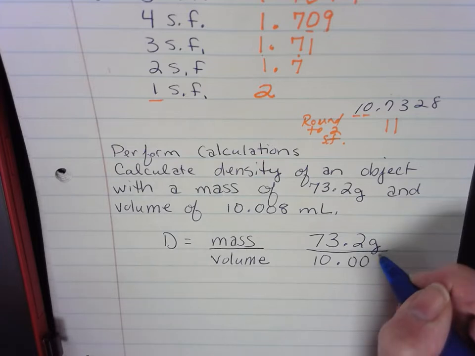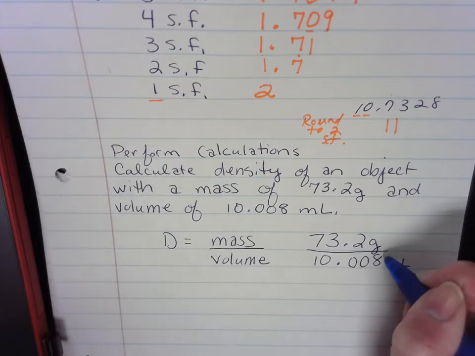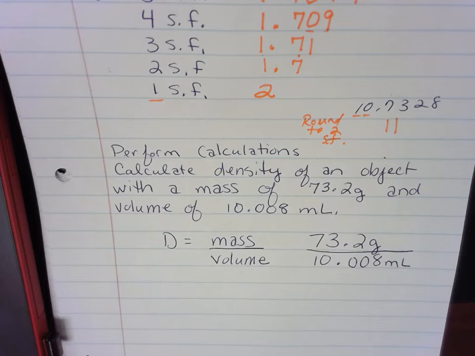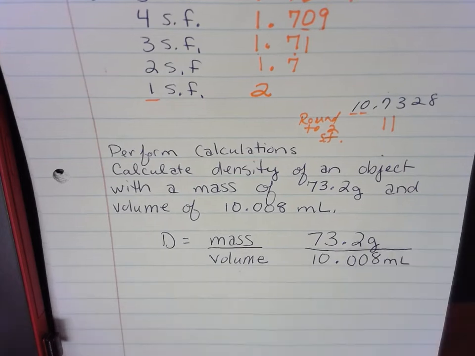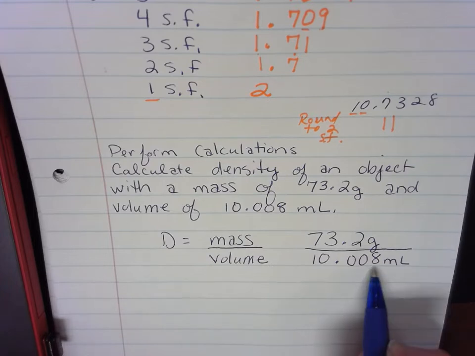Okay, this is a crazy example because you'd be crazy to use a balance that only gave you your number to a 1/10 of a digit, but then calculate this volume with like a pipette or whatever. That'd be kind of a crazy problem, but we'll just go with it.